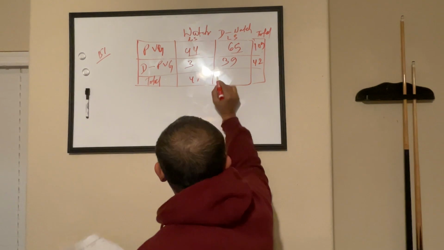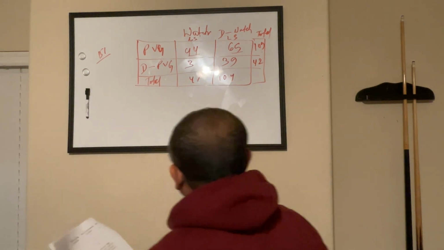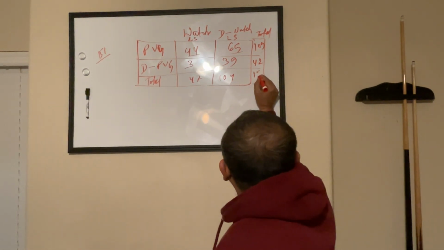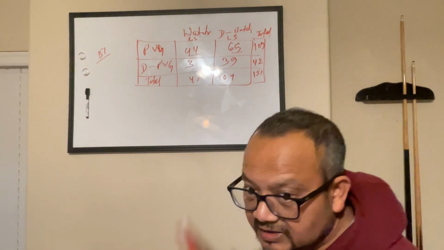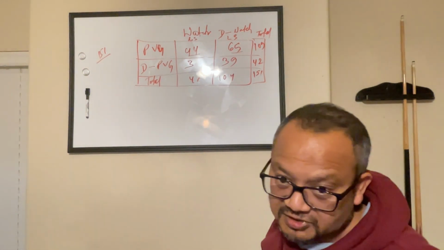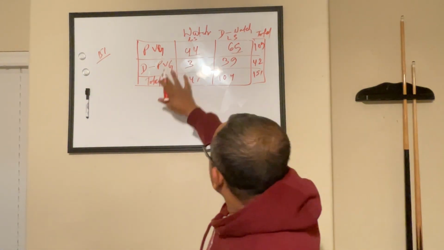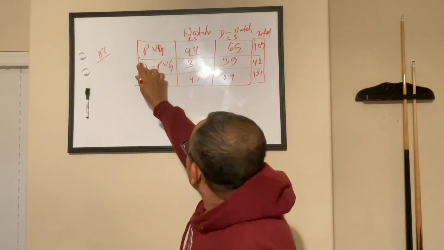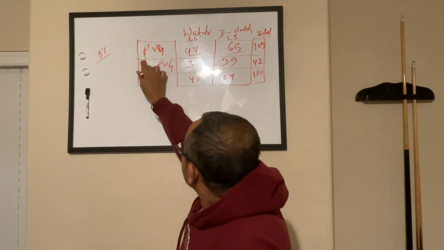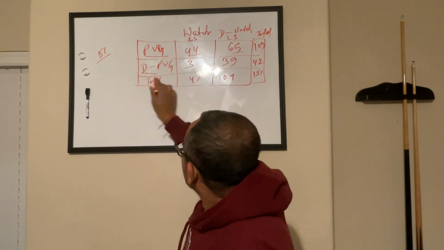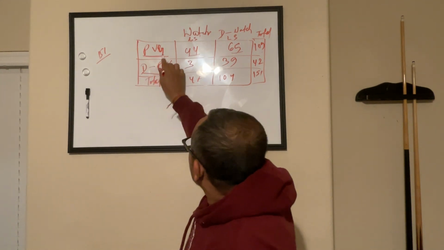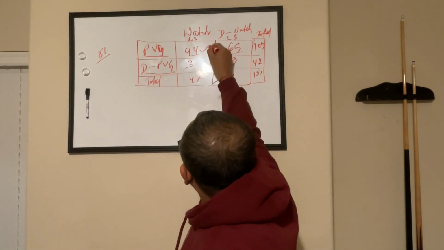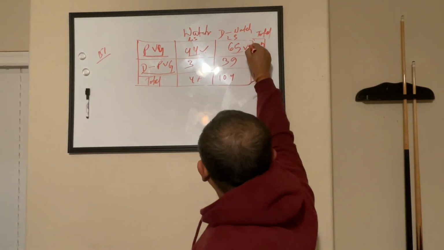Let's read this data. Okay, this is the way to kill the problem. See, this is the data. I'm not looking at what the question is. From this data, what is visible is out of 151 kids, there are kids who play video games and there are kids who don't play video games. The kids who play video games, this many watch live stream and this many don't watch live stream.